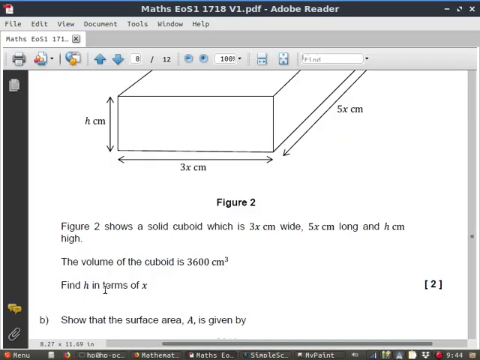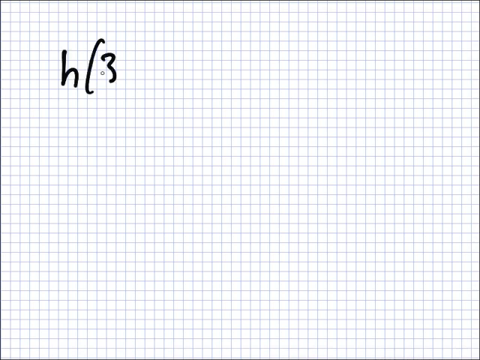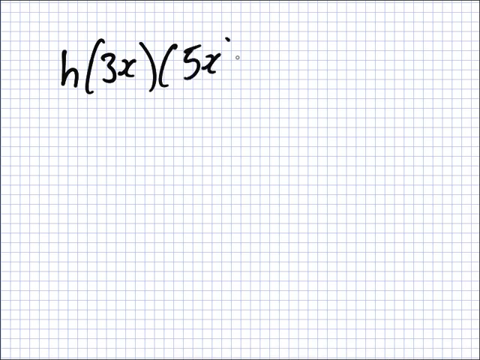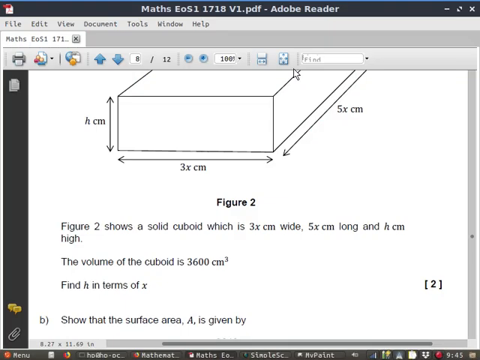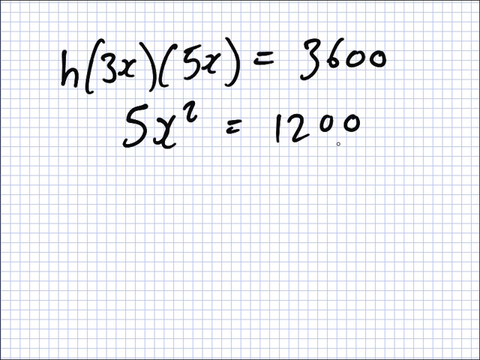Find h in terms of x. So h times 3x times 5x equals 3600, yeah? Okay, so first I'll divide by the 3, so that's 1200. Then I'll divide by the 5.